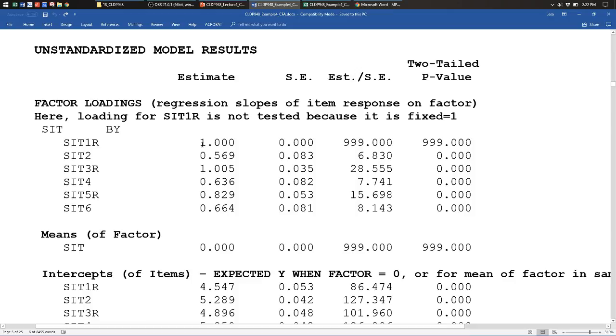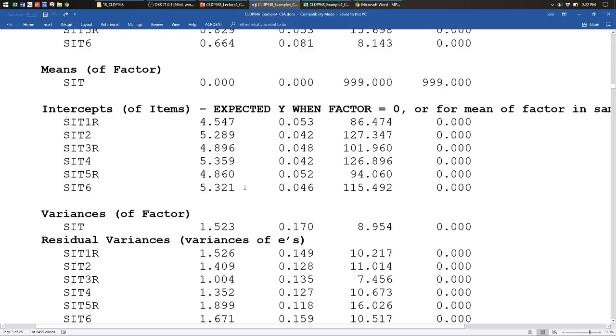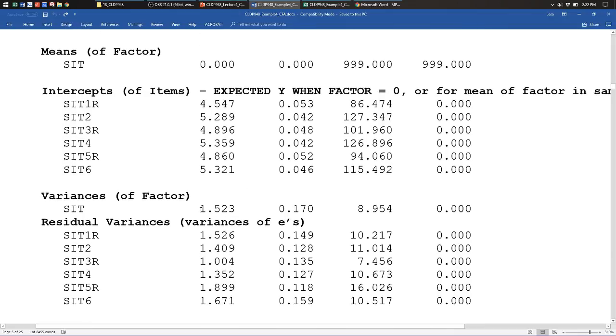So now here's my new factor loadings. Note that the first one is 1, just like I said it should be. And everything else has rearranged itself around that. So 2 is still much smaller than 1. Proportionally, it's the same. The factor variance has been estimated as 1.523.